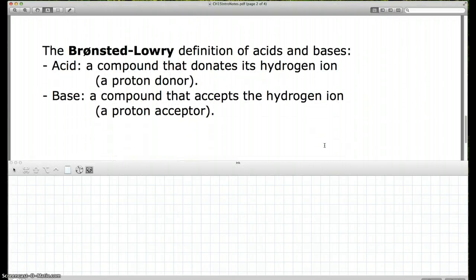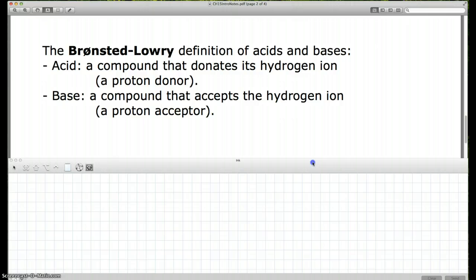The other definition of acids and bases we're going to use is Bronsted-Lowry. The Bronsted-Lowry definition says an acid is a compound that donates its hydrogen ion. So it's a proton donor. It's an H donor. And by donor, we mean gives it away.